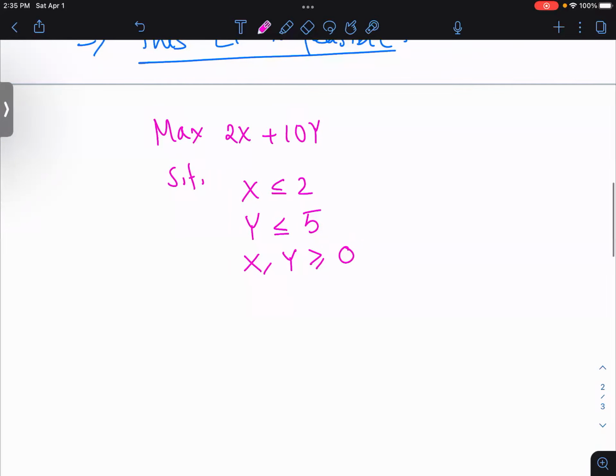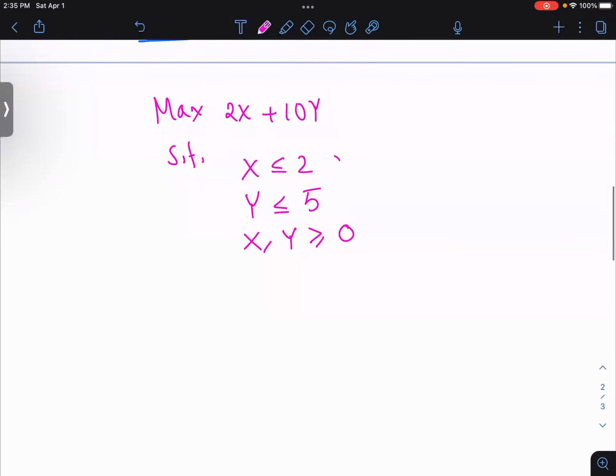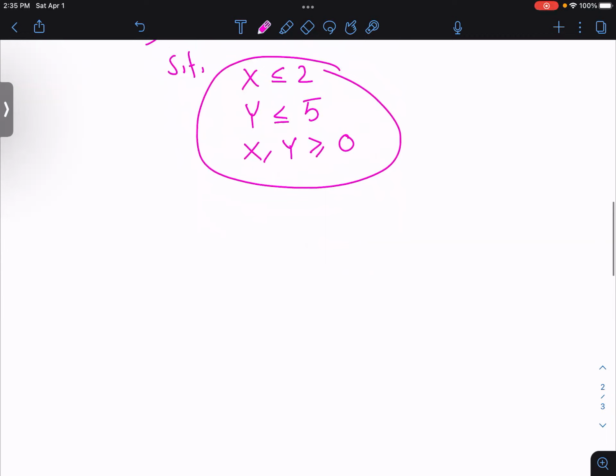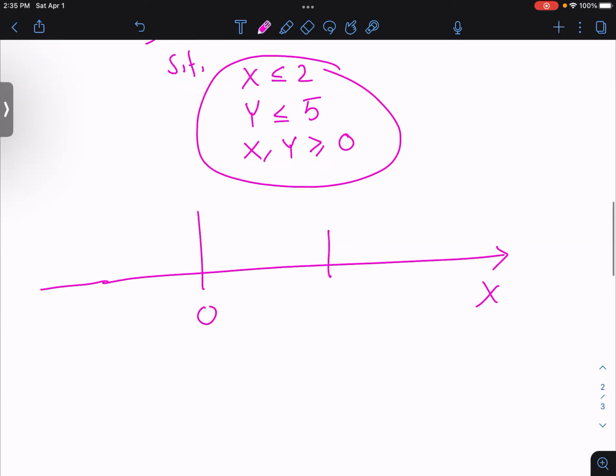So again, because we are thinking about feasibility, all I'm going to look at are the constraints. I'm going to ignore my objective function. So first, let's think about x. You can start with just having x, and let's say this is 0. Let's say there is 2 somewhere here.